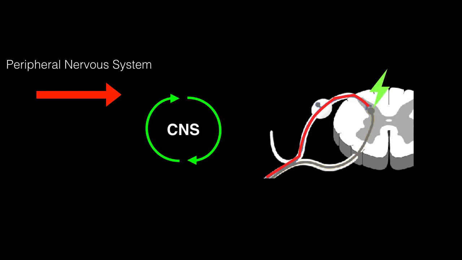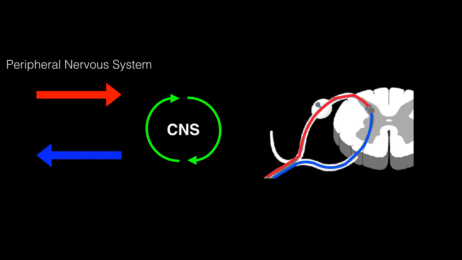That's where we can make decisions, where it becomes conscious as it goes up to the brain. But between that sensory neuron and the next neuron in the spinal cord, this blue one, we have something called a synapse.